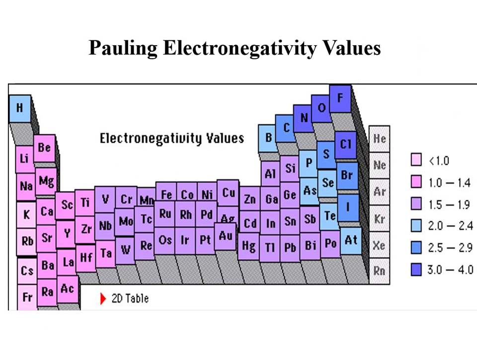We see some ups and downs. But if you just focus on the 1A, 2A, and the 3A through 8A. Now check out 8A, right? We're going to be talking about them. 8A, of course, is your rare gases, noble gases, inert gases. 8A doesn't want to connect to anything, so there's no tug of war to be had. Okay.